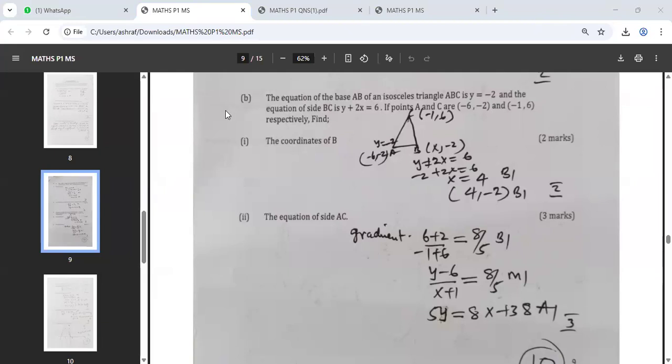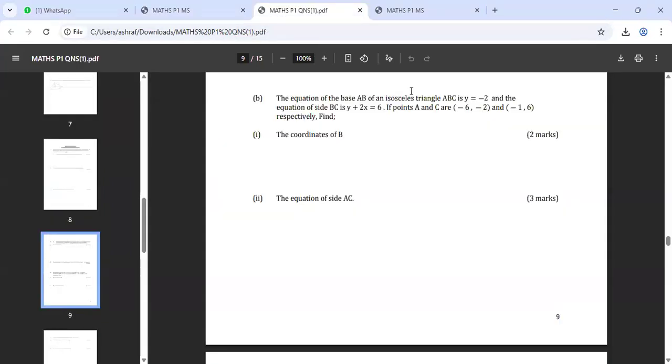Okay. So let's go to the next question. Anyone with a question on the equation of a straight line? Yes, Francis, unmute yourself. Excuse me, sir. I'm asking a question about getting the coordinates of B. We were given the equation BC, and we already know the y. The y is going to be -2.